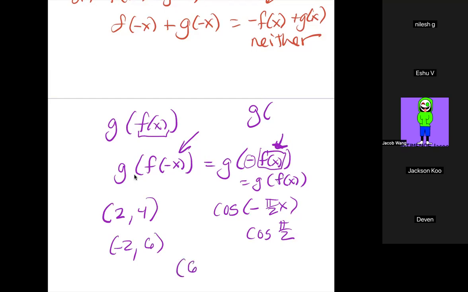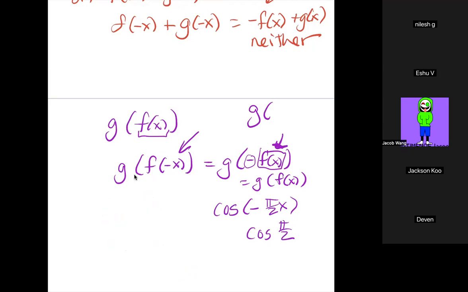I'm trying to make it so this works out. No, that's going to confuse things. I'm actually not going to do it that way. That's going to confuse you.